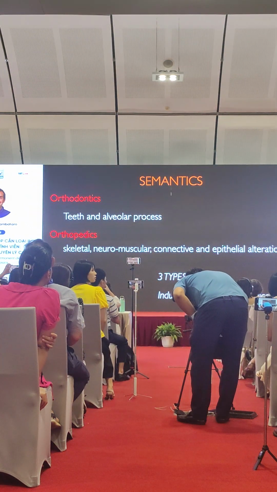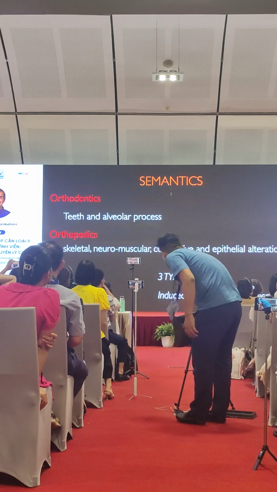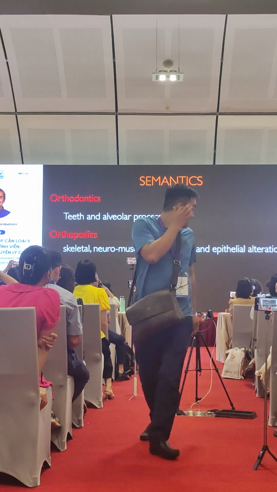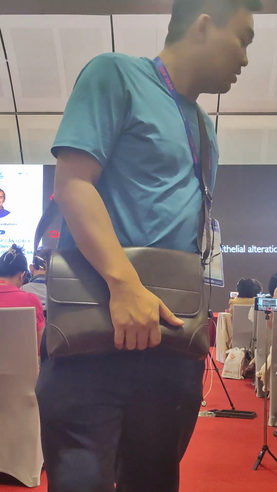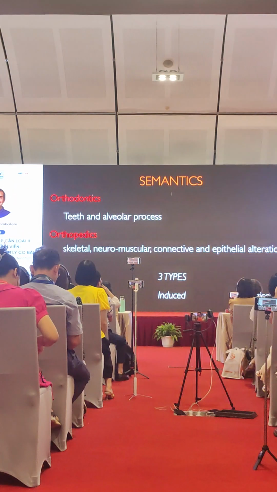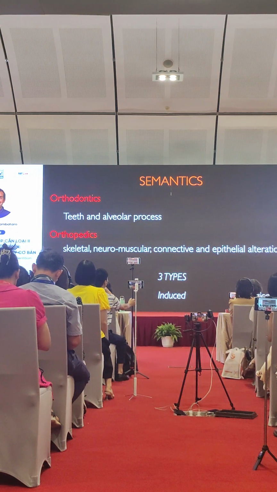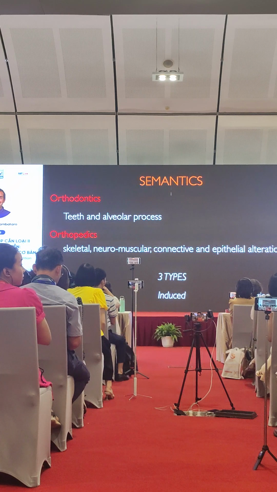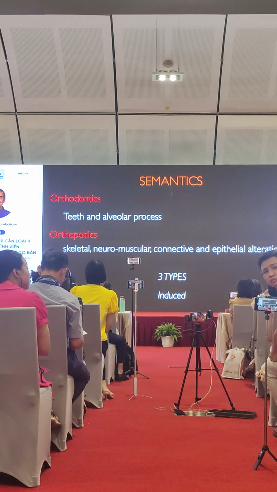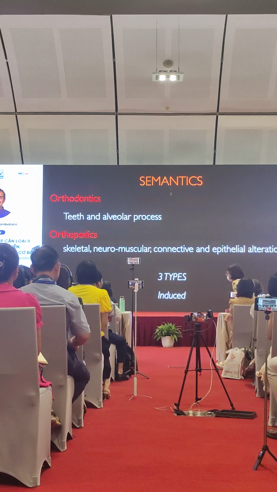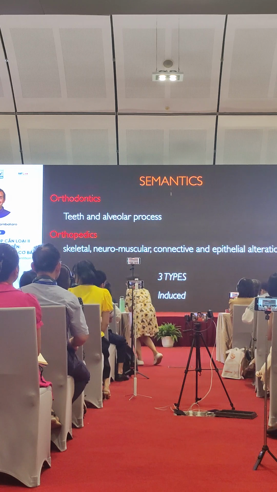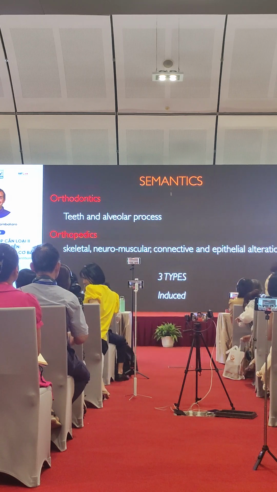So let's go to basics. First of all, I want to clarify what orthodontics and orthopedics are. Orthodontics involves teeth and obviously other processes. Orthopedics, as defined by Dr. Ricketts, is any alteration of skeletal, neuromuscular, and connective and epithelial tissue.